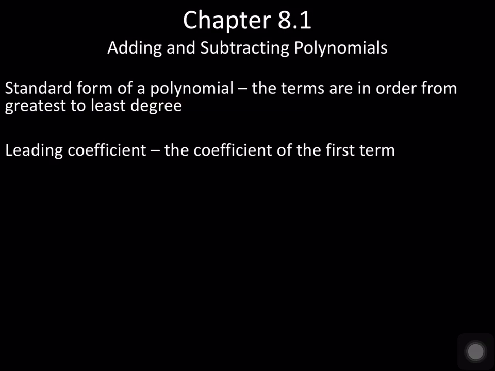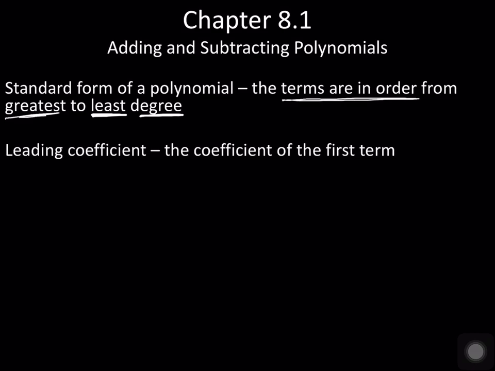And standard form of a polynomial tells me that the terms have been placed in order from greatest to least degree. Okay, so the largest degree in the front, the smallest degree in the back. This tells me that we're getting ready to move terms around. So we're going to grab these single terms, these monomials, and we're going to change the order.